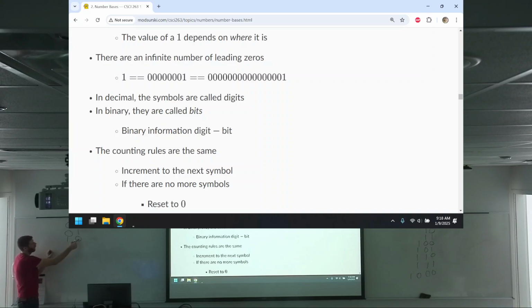Great. What comes after 1? 0. Oh, what comes after 1? But remember, there are leading zeros, so what do we do to that 0? Increment it. That's the pattern. It's the exact same pattern as base 10, but we only have 2 symbols.